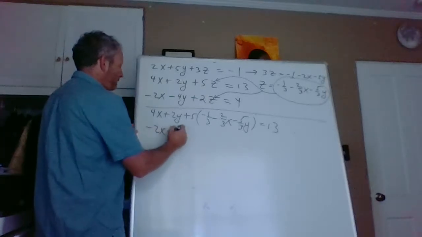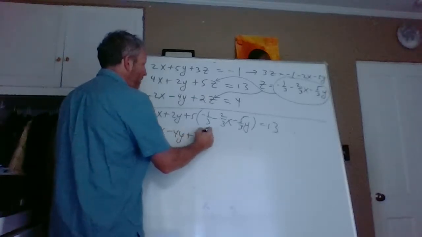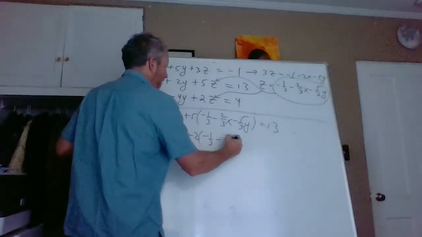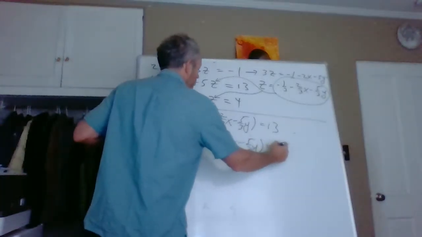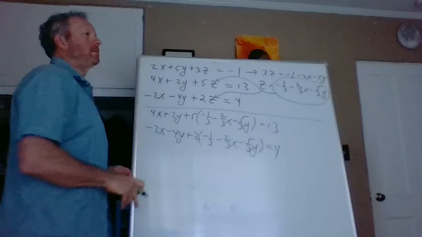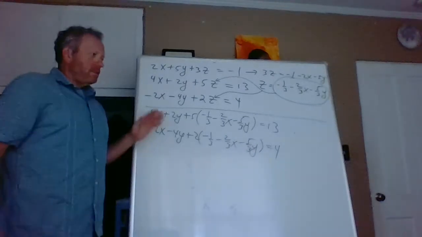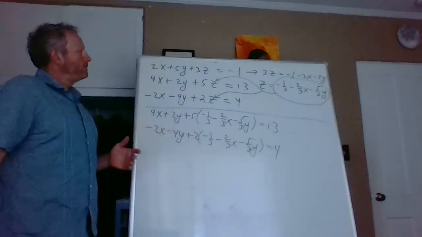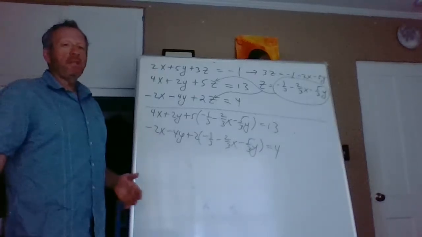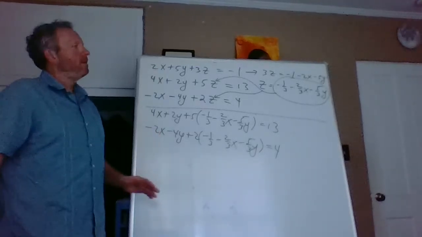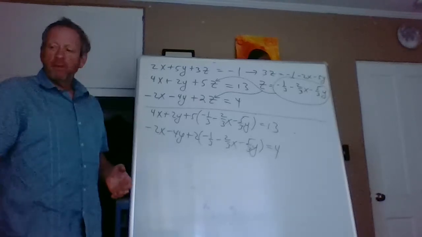Negative 2x minus 4y plus 2, there. There's the second move, step 2. Don't do any math on that step. Don't do any math. Just copy everything very carefully.